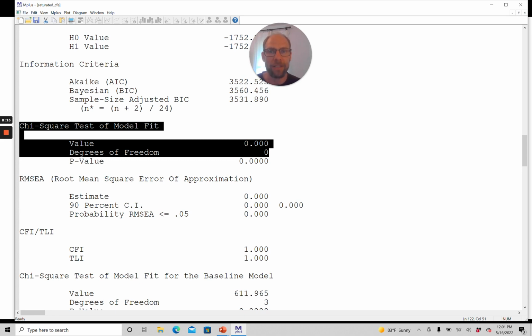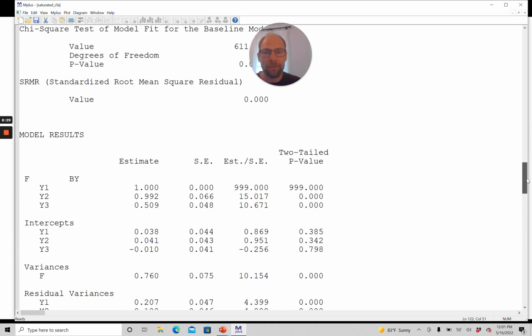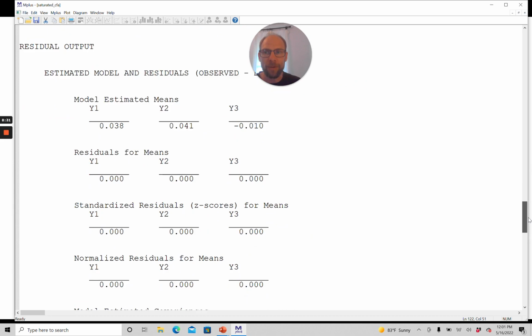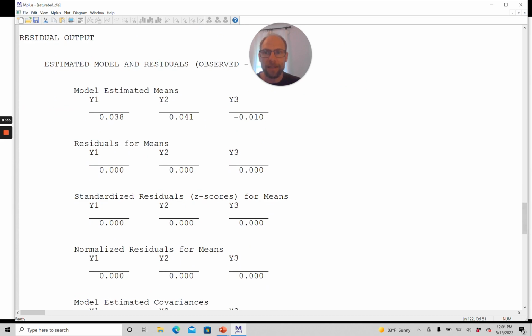And therefore also the chi-square value is 0, because there's no discrepancy between the observed mean vector and the model implied mean vector, or between the observed covariance matrix and the model implied covariance matrix. Now, another way that you can see this is by looking at the residual output in Mplus, where you get the estimated means that are implied by the model or reproduced by the model.